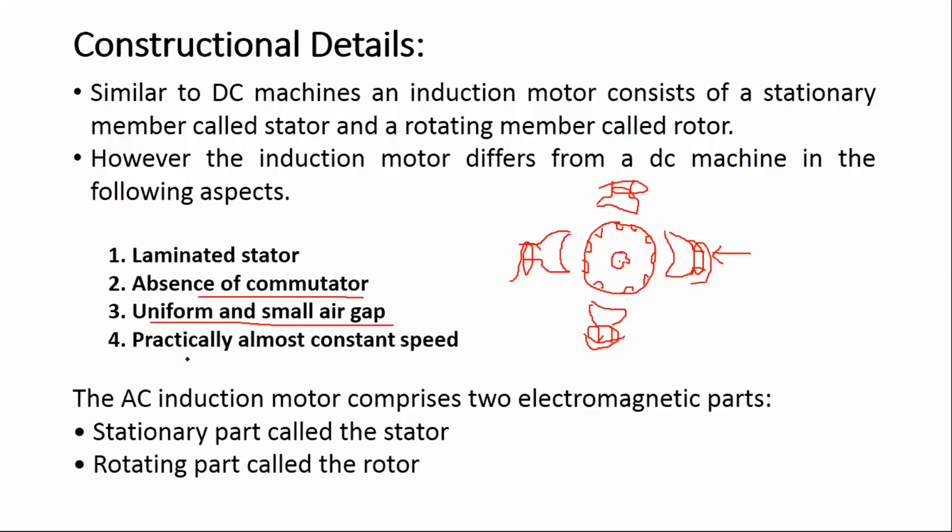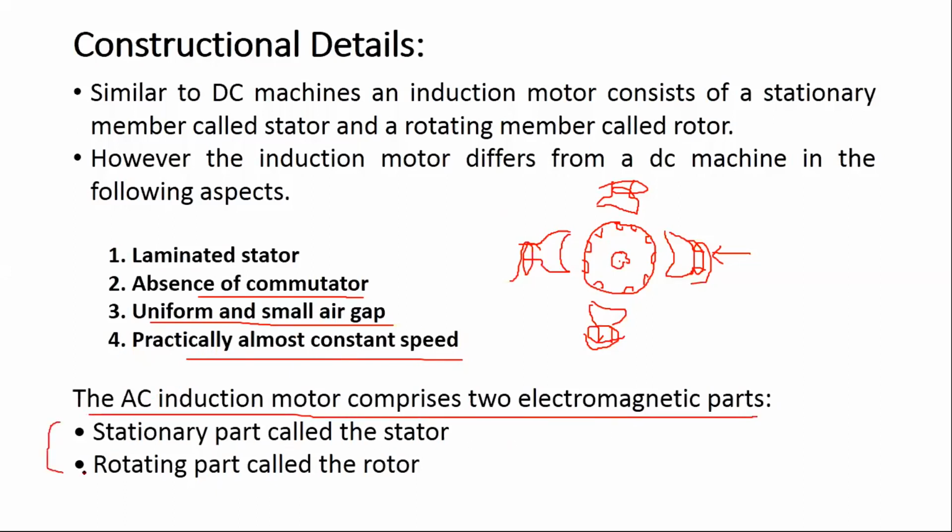So practically almost constant speed, this is also one. That means we may have some fluctuations of speed in a DC machine, but in AC machines it is quite constant. The AC induction motor comprises two electromagnetic parts.